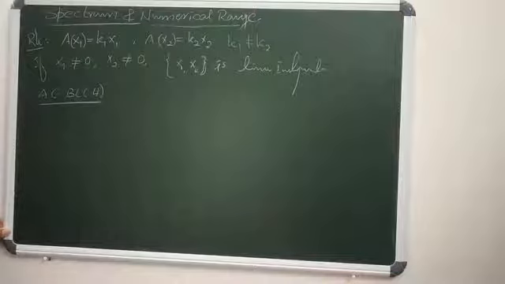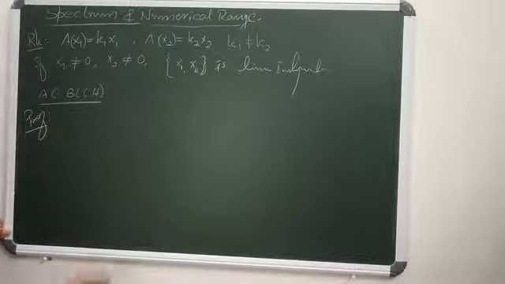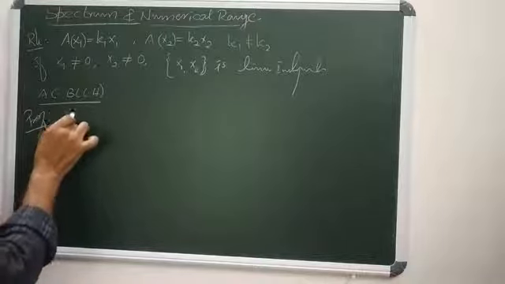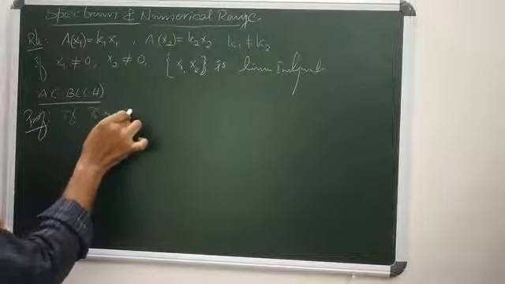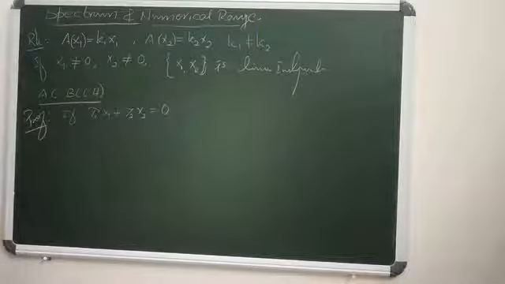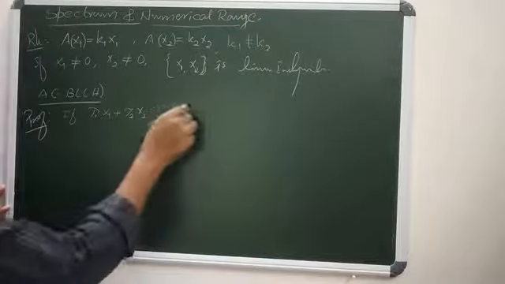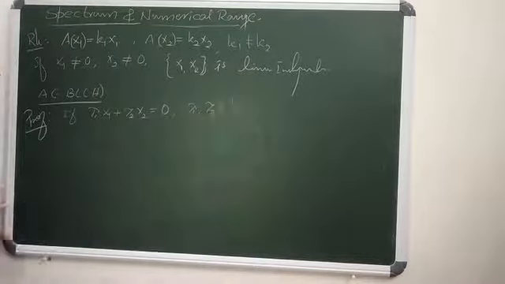How to prove? The proof is immediate. To show linear independence, consider lambda1 x1 plus lambda2 x2 equals 0, with lambda1 and lambda2 scalars. Now we have to show that lambda1 and lambda2 are zeros.